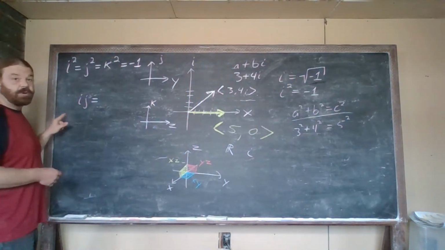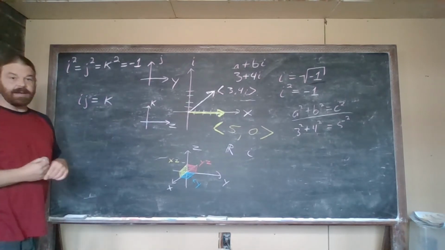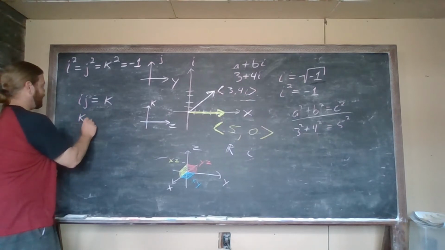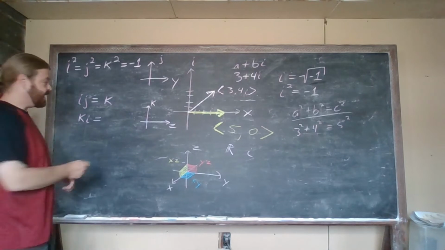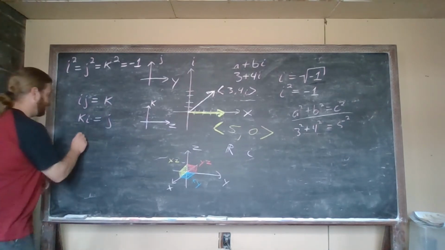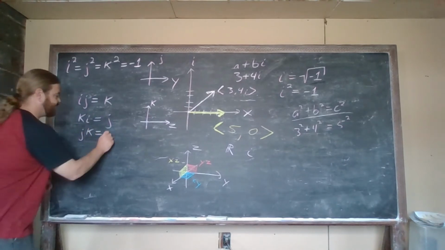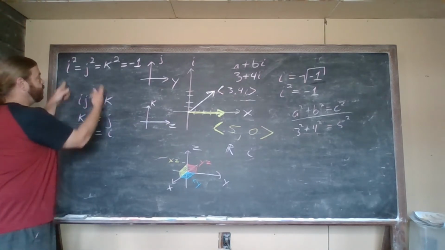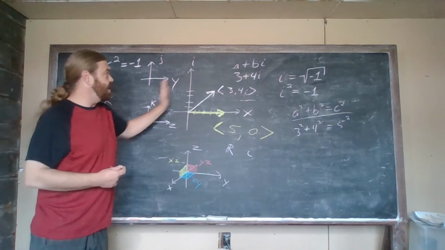So when we define the multiplication, I times J gives us a K. Then K times I gives us a J, and J times K will give us an I. So that's how we define the products of these three sort of imaginary numbers.